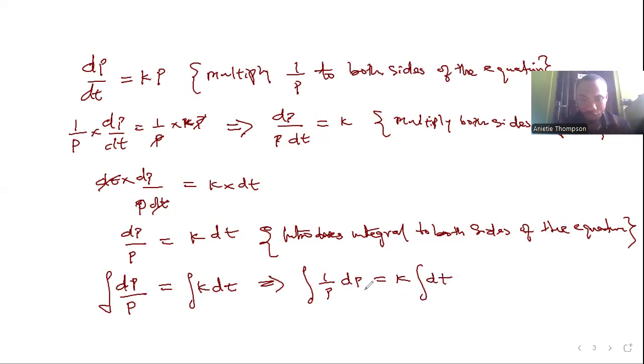That will now be equal to this, the rate of change that we did with our primary integration technique. If we deal with this, it will give ln of p equals kt.